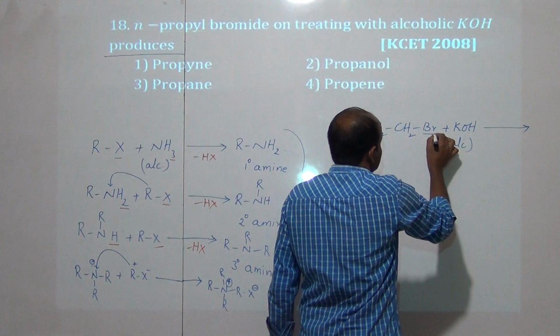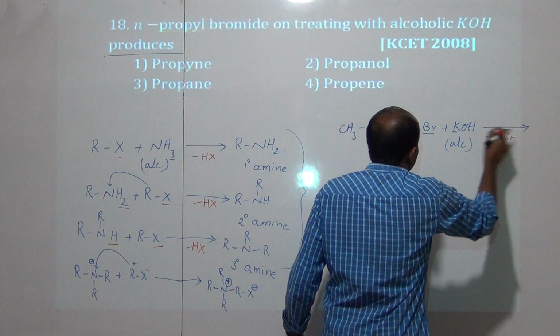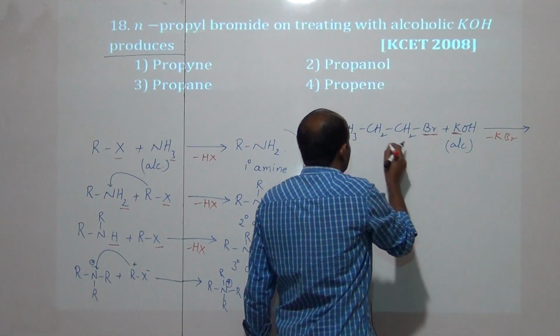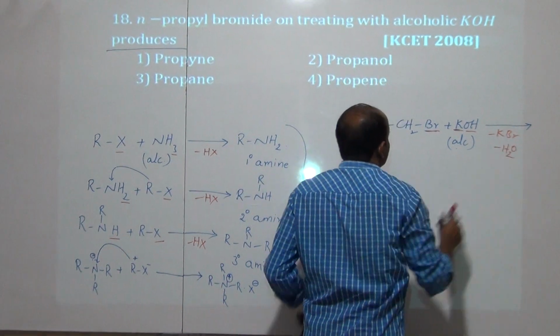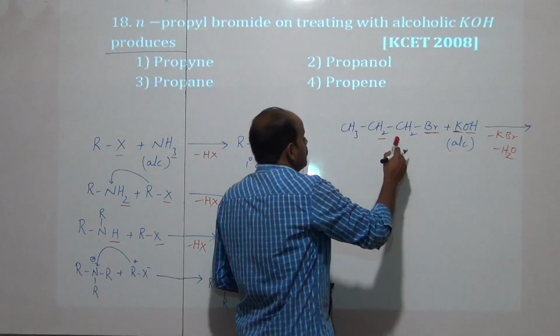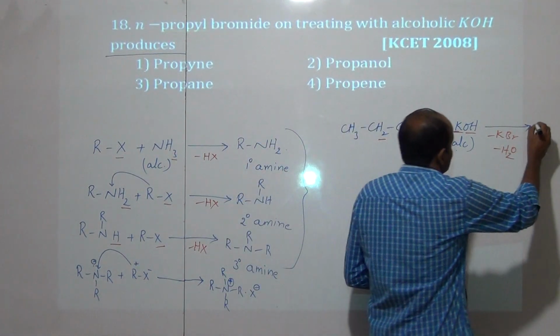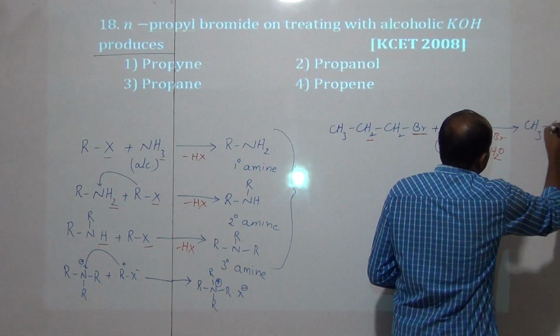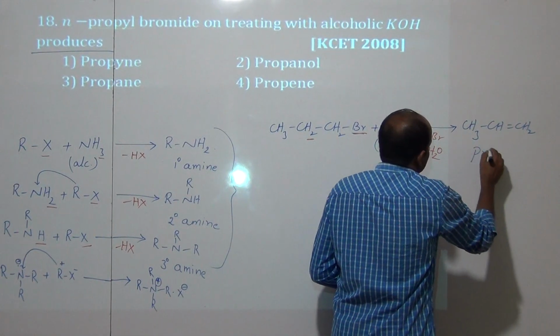Here, this Br and K are removed as KBr, and here H and OH are removed as H2O. One bond is broken on this carbon, and here also on this carbon. Hence, we get a double bond between those two carbons, CH3 CH double bond CH2. Then what is the name of this one?